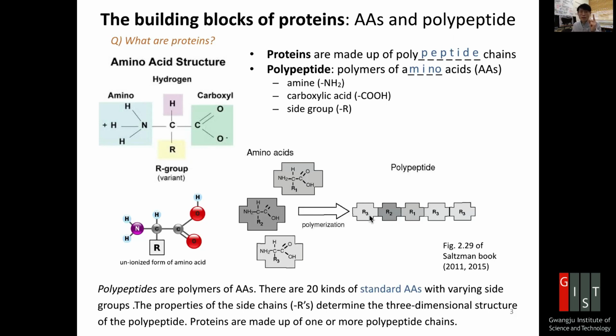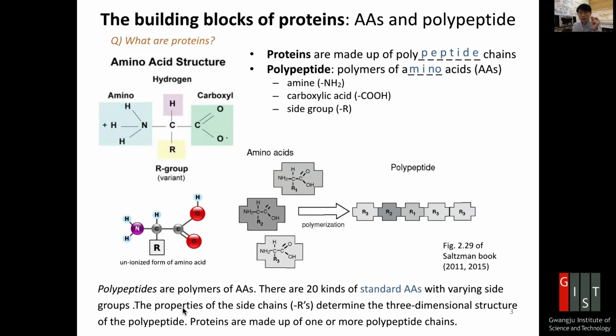So this R is the determining characteristic, and that we call a polypeptide. Polypeptides are polymers of amino acids. There are about 20 kinds of standard natural amino acids with varying side groups.